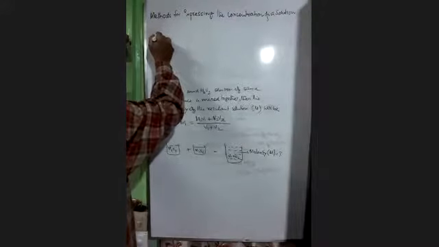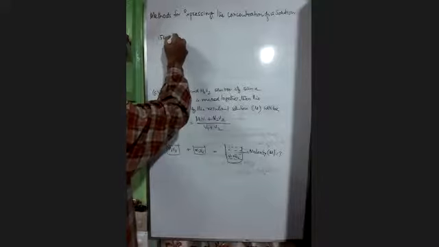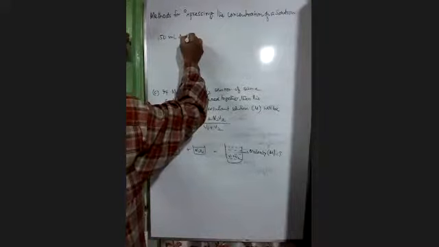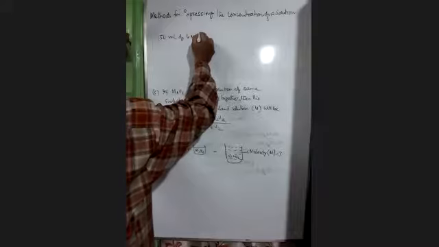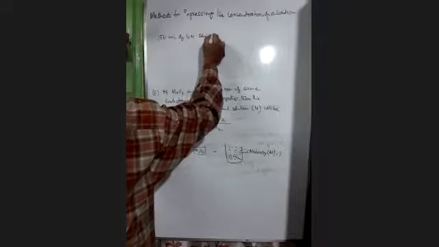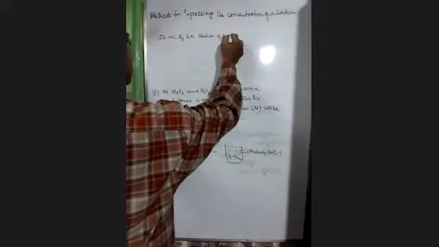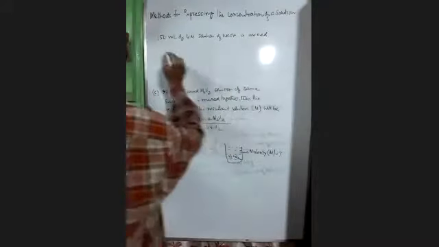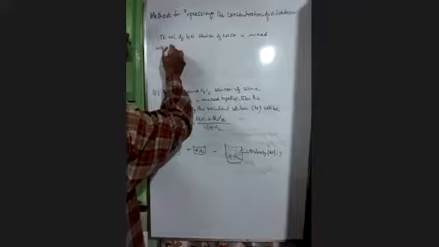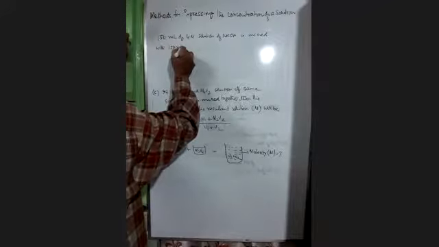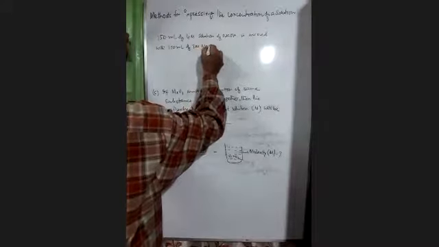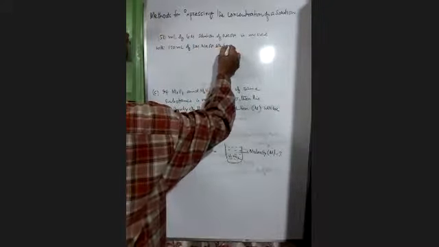Right now here, 150 ml of 4 molar solution of sodium hydroxide is mixed with 100 ml of 3 molar sodium hydroxide solution.